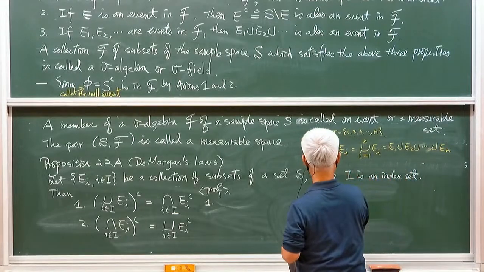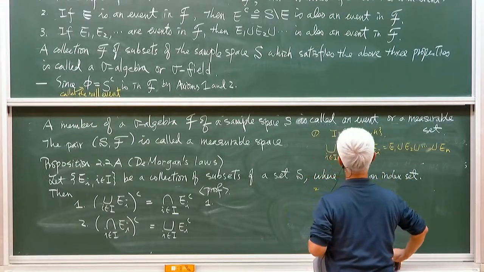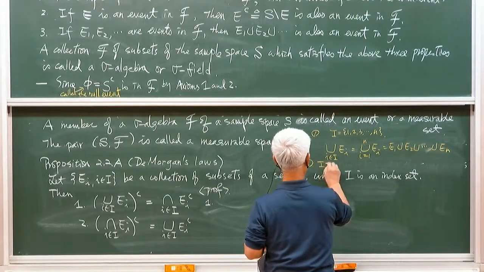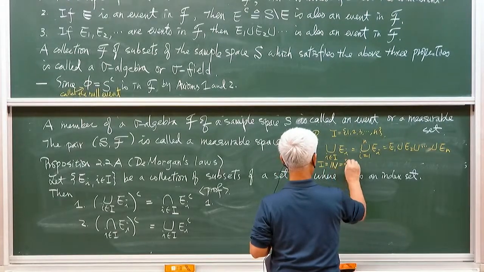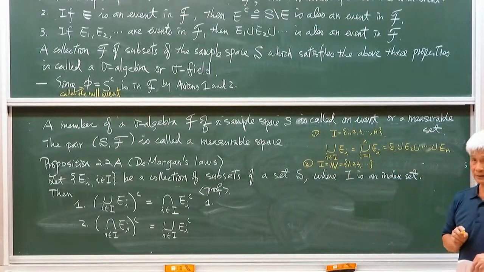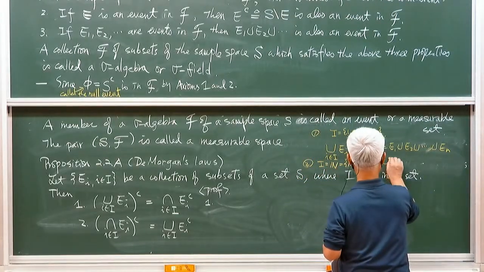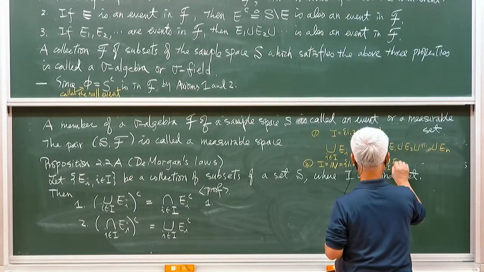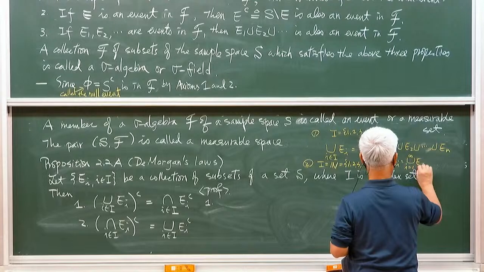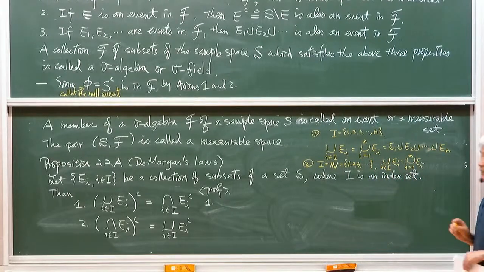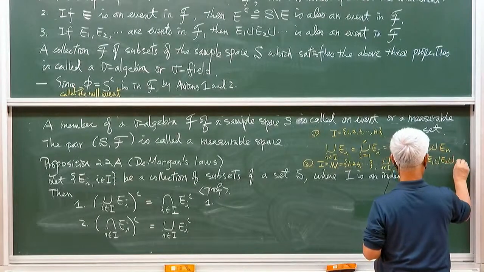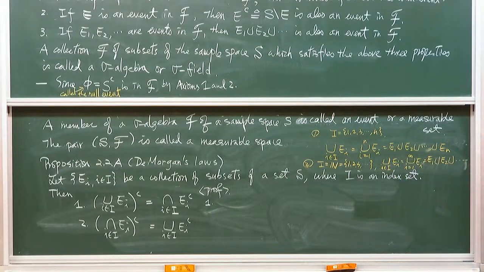In the second case, if i goes to infinity, then this is E1 union E2 union, on to infinity.